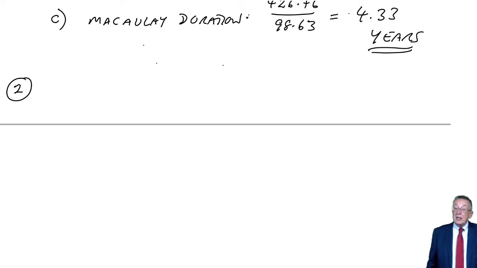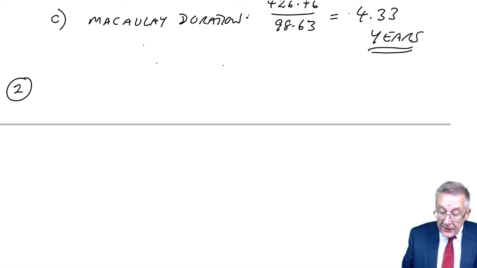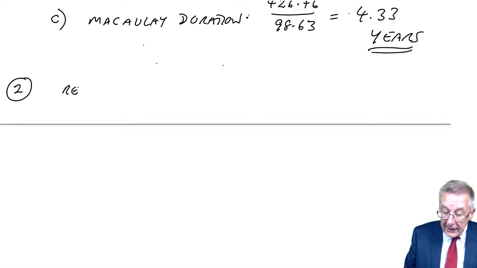Since we knew the current market value and we knew the receipts, we worked out the internal rate of return. We got 10%, and so the redemption yield, again, 10%.